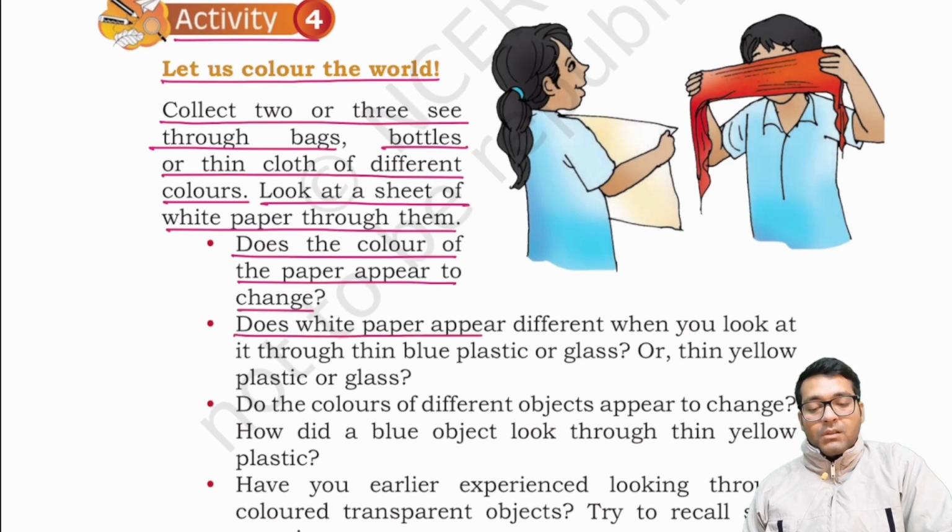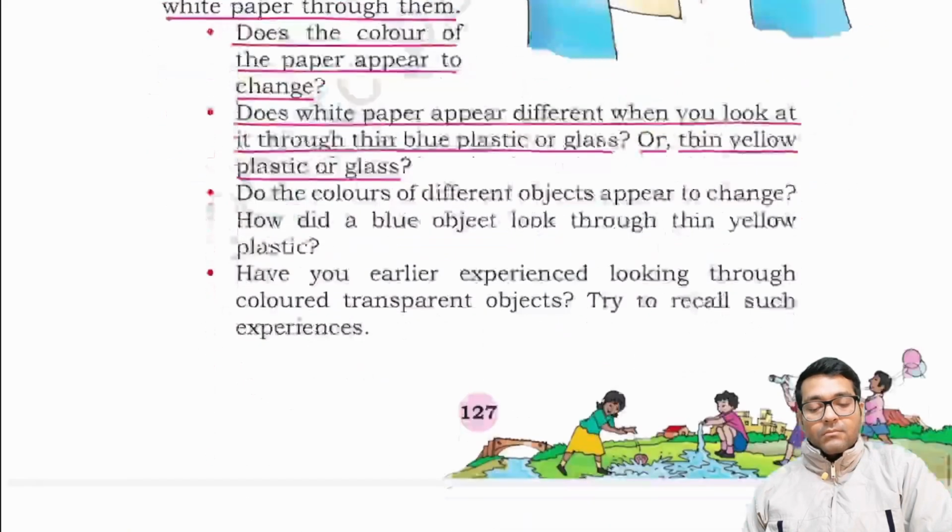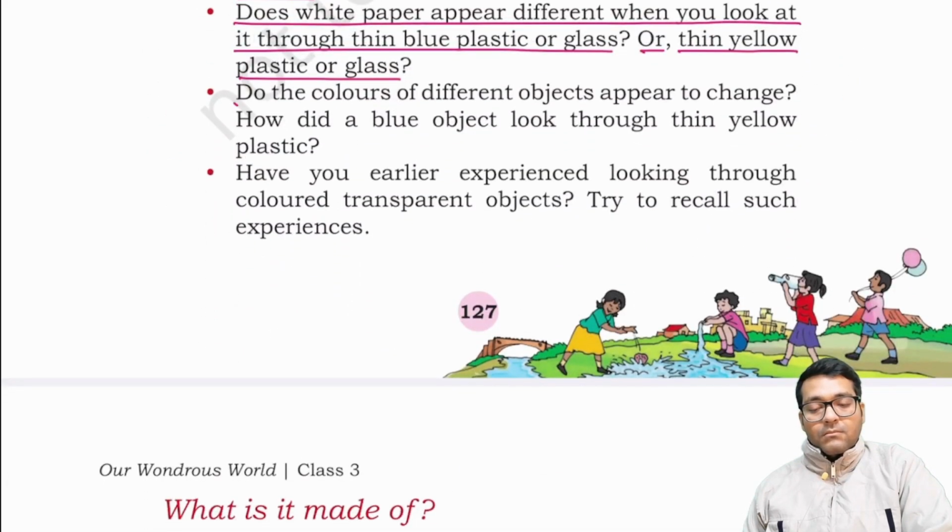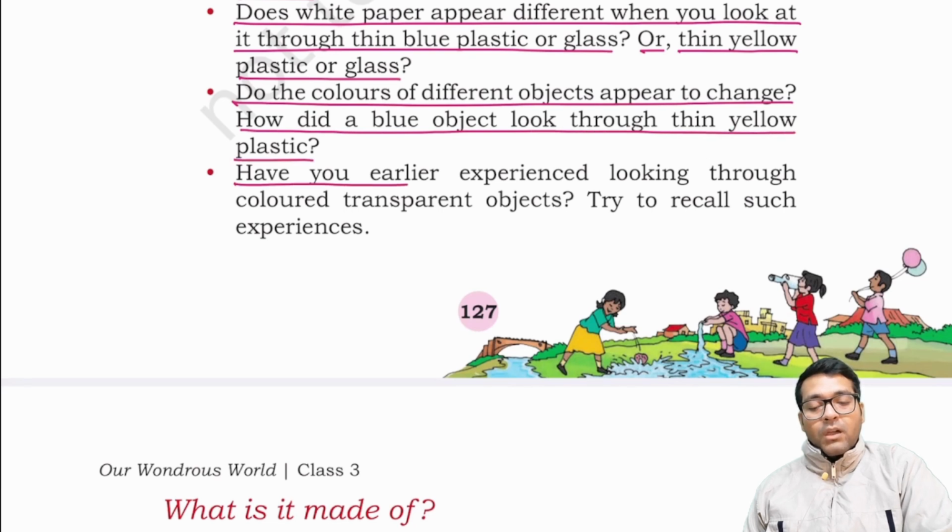Does white paper appear different when you look at it through thin blue plastic or glass, or thin yellow plastic or glass? Do the colors of different objects appear to change? How did blue object look through thin yellow plastic? Have you ever experienced looking through colored transparent objects? Try to recall such experiences.